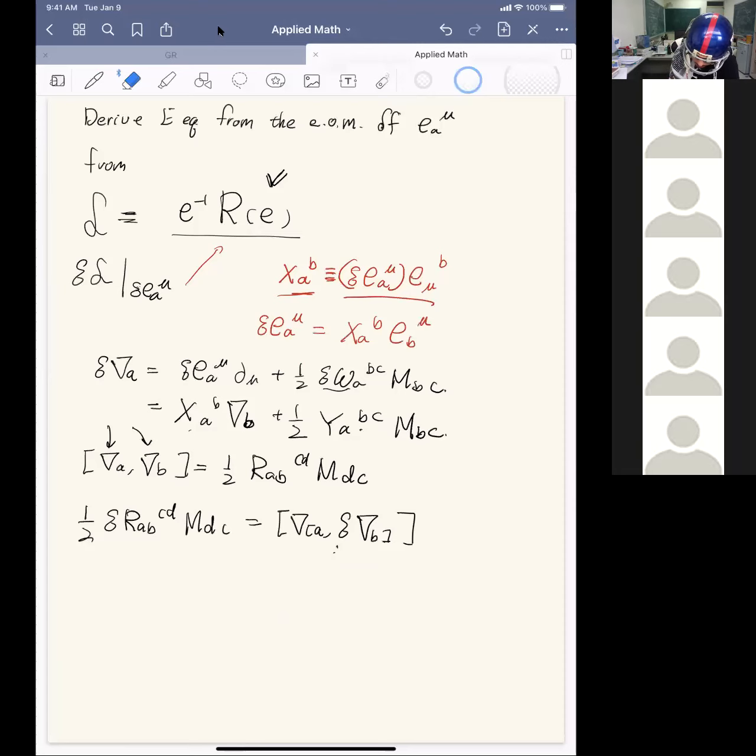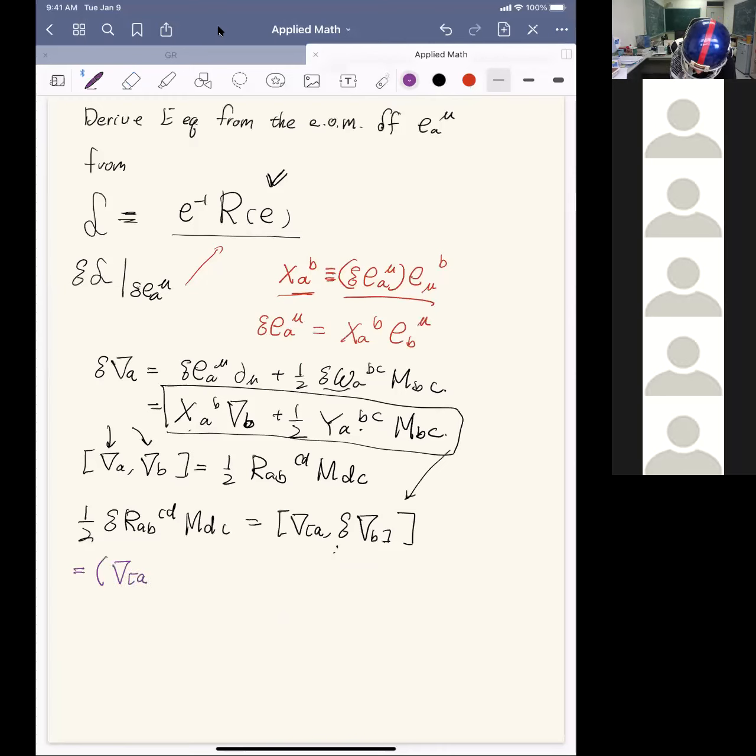Since I've already written down what the variation of my covariant derivative is, I just need to plug it in here and expand the commutator. Let me write down the result after the expansion.